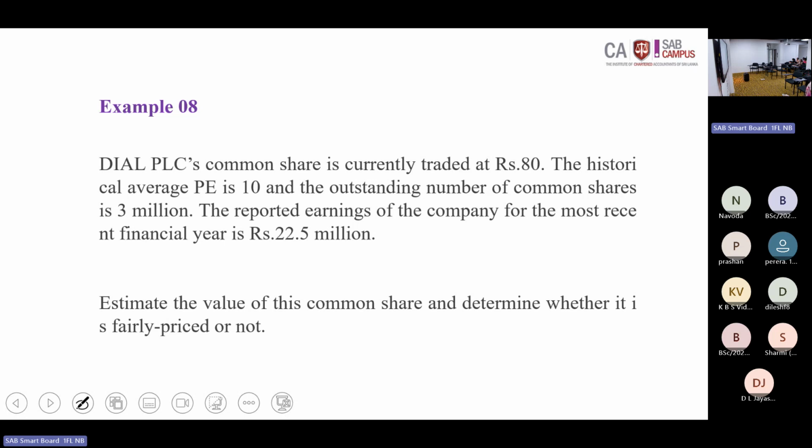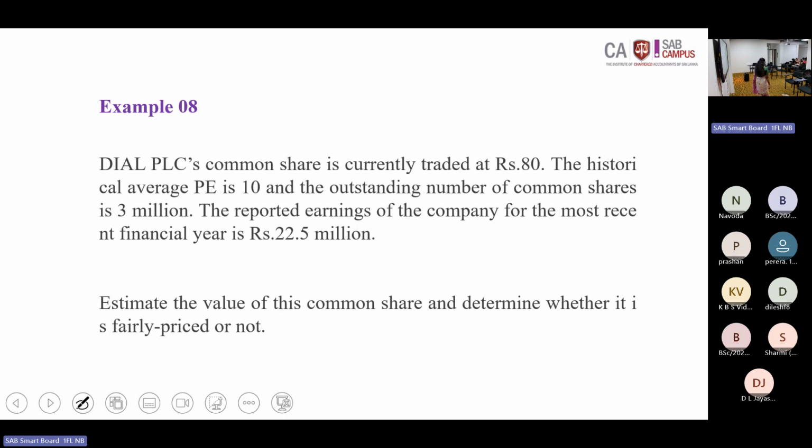It compares the market price of a share and the earnings per share, and it gives us a PE ratio of 10. The number of common shares is 3 million, and the financial year profit is 22.5 million. Our historical PE ratio is 10. If so, how can you calculate the market price or the value of the common share?